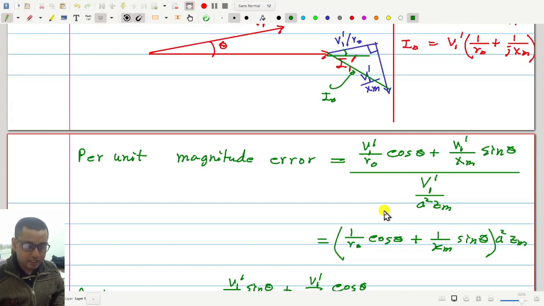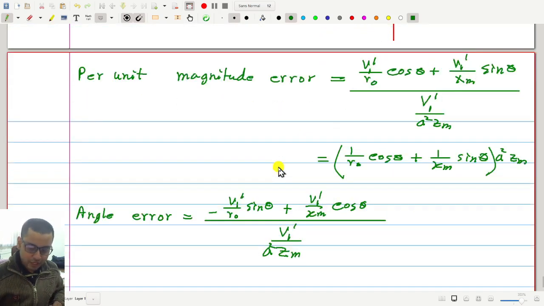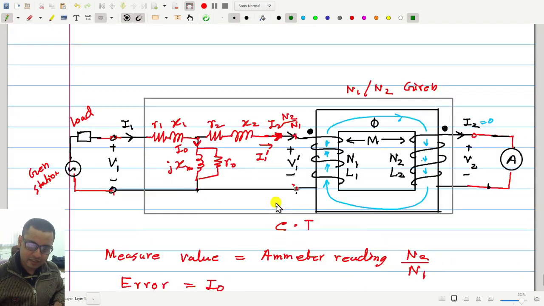And once again, let me say, you tell me this: for what value of theta will this phase angle error be 0? You can look at this, or you can look at this diagram. At what value of Zm will the angle error be 0?